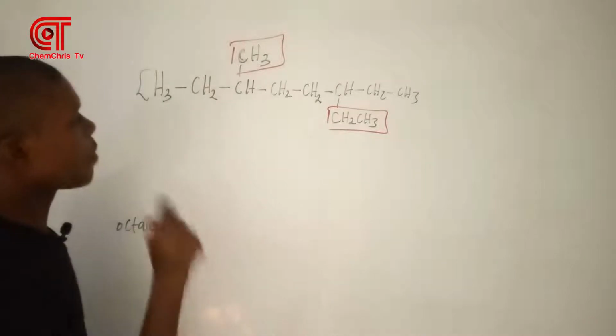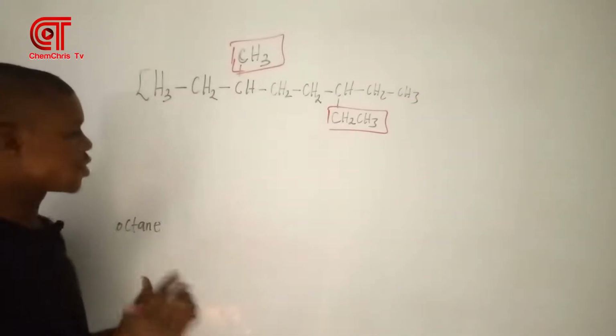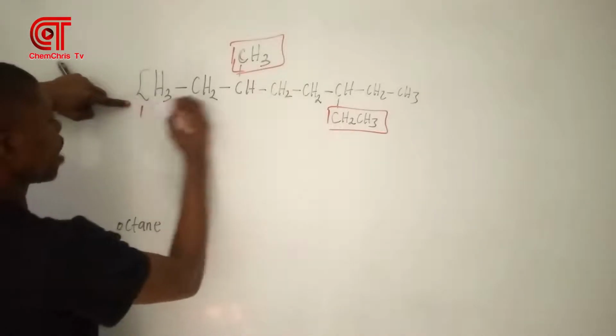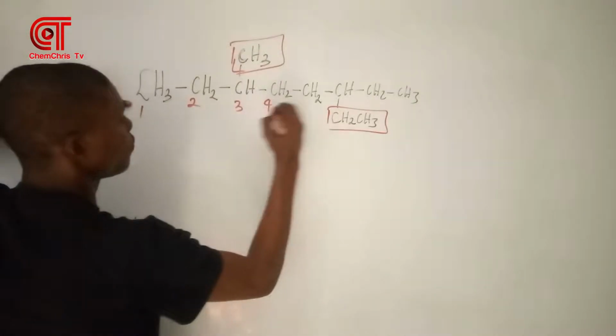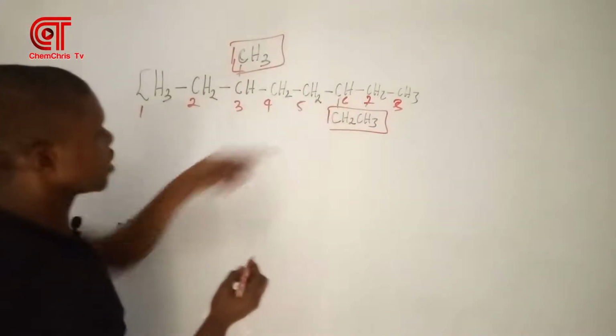Now, my problem here is that if you number it from either side, it will give me 9. Because if I start from here, 1, 2, 3, 4, 5, 6, 7, 8, 3 plus 6 is 9.